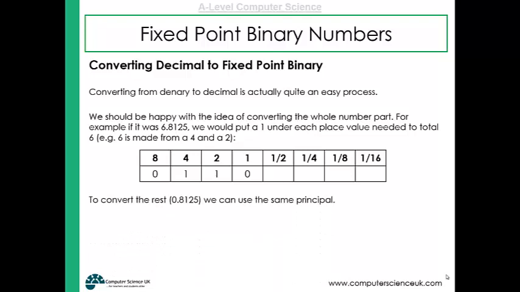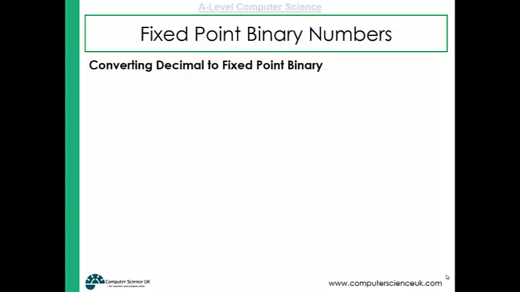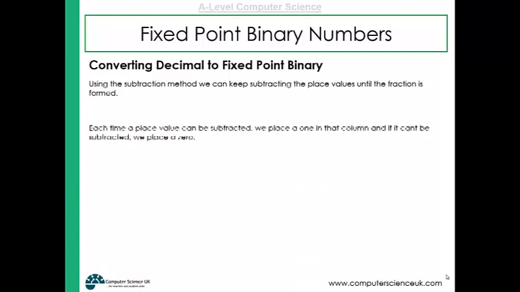So to convert the rest, we can use the same sort of principle. What are the building blocks to represent 0.8125? Let's have a look to see a straightforward method of doing that. So we can use a subtraction method. We can keep subtracting the place values, those fractional place values, until the fraction is formed.